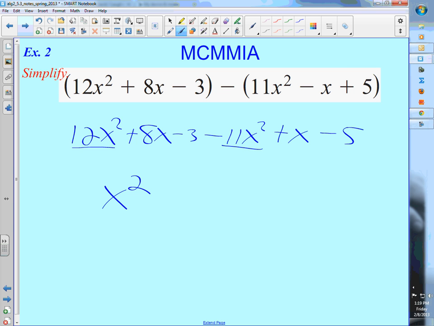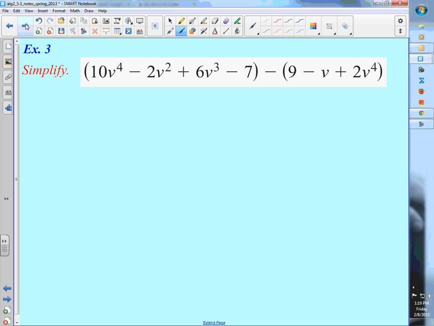Take less than 2 seconds to rewrite it, and then combine and get 9x instead of 7x. And negative 3 and negative 5, negative 8 instead of 2, which is what we get all the time for errors. Everybody follow that okay? Combining like terms easy. Give it a try. See how you do.